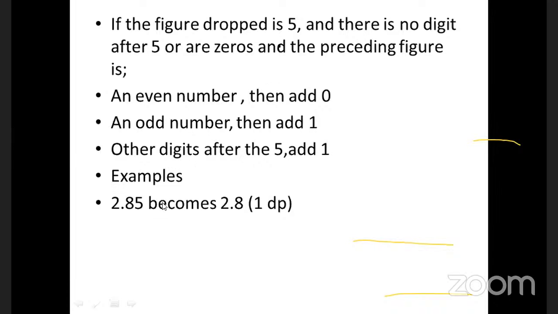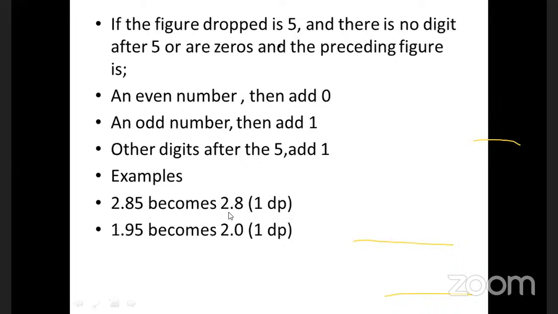And the digit which is to be dropped is what? It is 5. So because the preceding digit is 8, and the number to be dropped is 5, and there is no other figure after the 5, we shall add 0. So it becomes 2.8. Is that okay? It becomes 2.8.